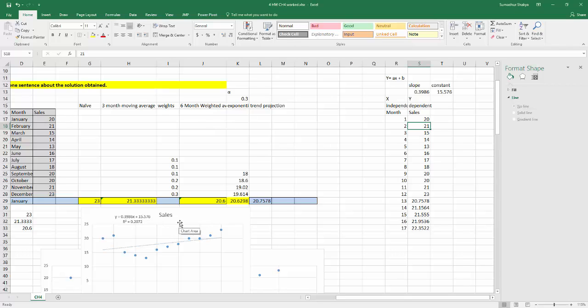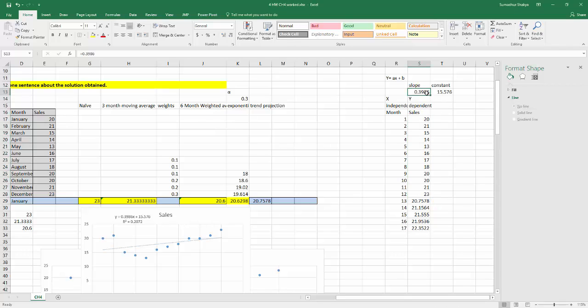It means that there are some other things that our sales is dependent on. In other words, the change in sales is only 20% explained when we move from one month to another. The rest of the change in sales is explained by variables that we have not accounted for yet.